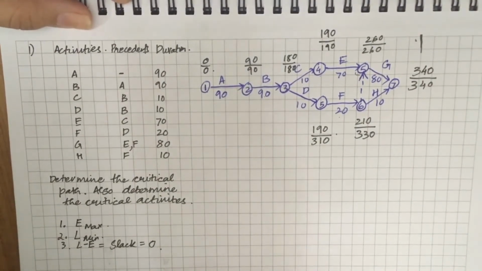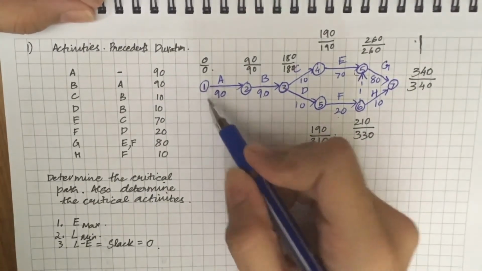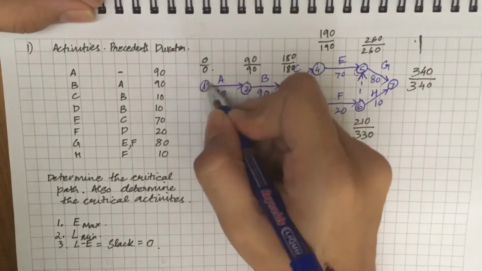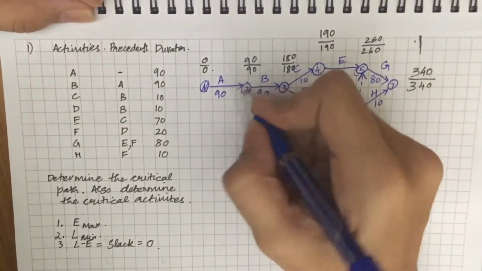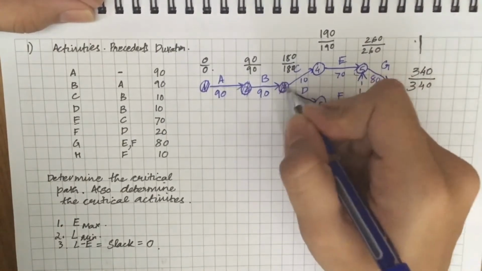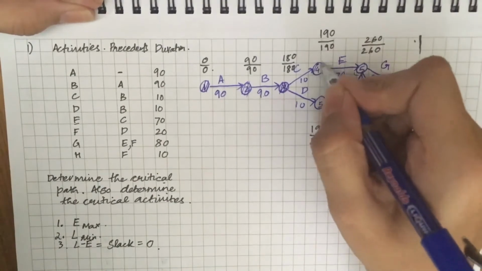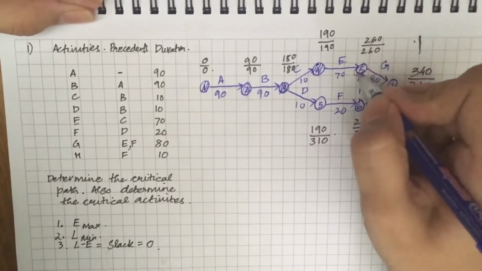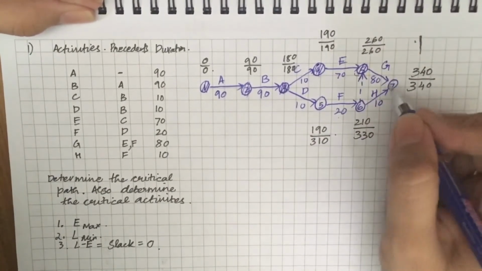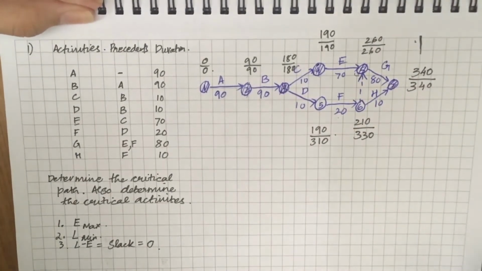Wherever it is 0, it is a critical event. So 1 is a critical event, 2 is a critical event, 3 is a critical event, the fifth is not a critical event, the fourth is a critical event, the fifth is a critical event, the sixth is not, and the seventh is a critical event. So now it is very easy to determine the critical path.